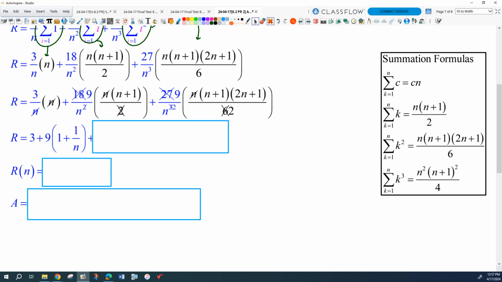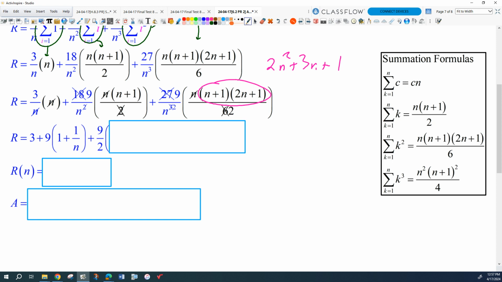How about on the next one? We get 9 over 2 out front. If I multiply all this stuff out, what are we left with here? We're left with those two things. If I multiply those out, isn't that just going to be 2n squared plus 3n plus 1? If I expand that?